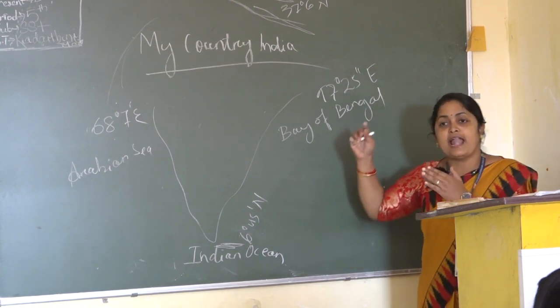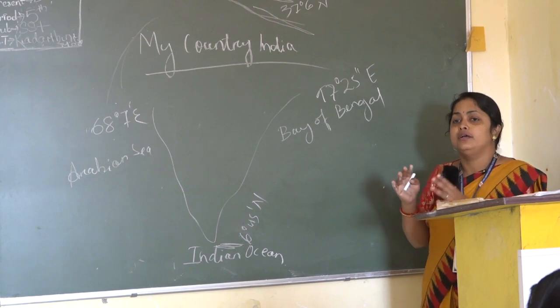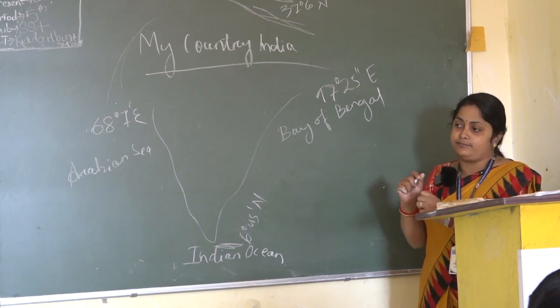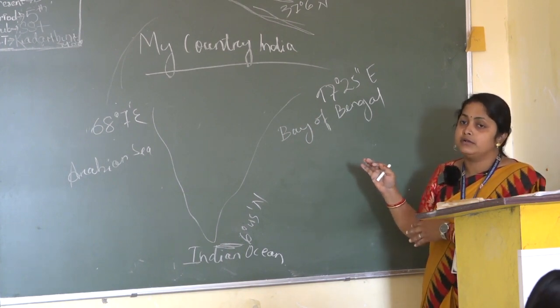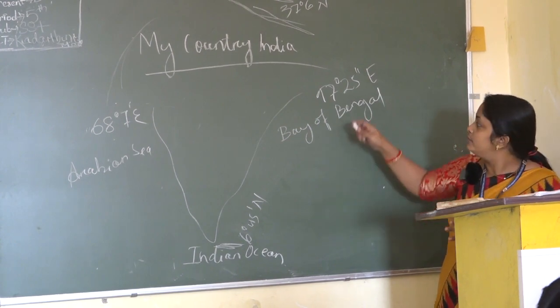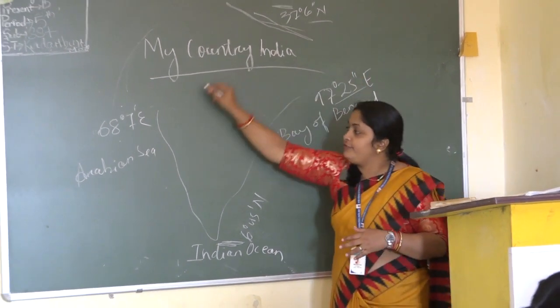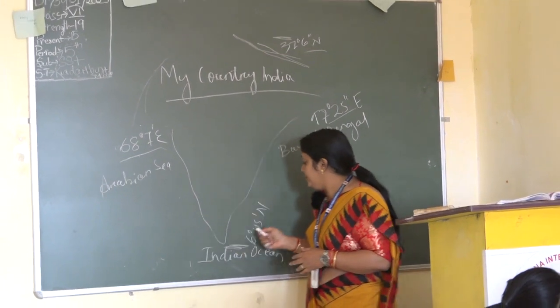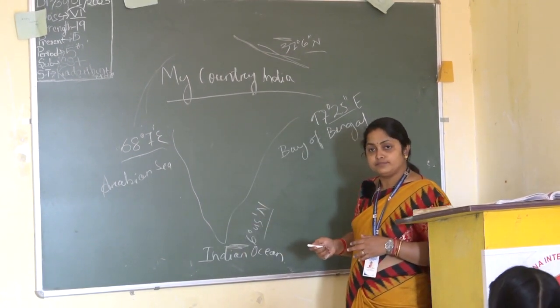So this is the latitude and longitudinal extent of our country. Okay, with this reference we can locate our country in the world map.